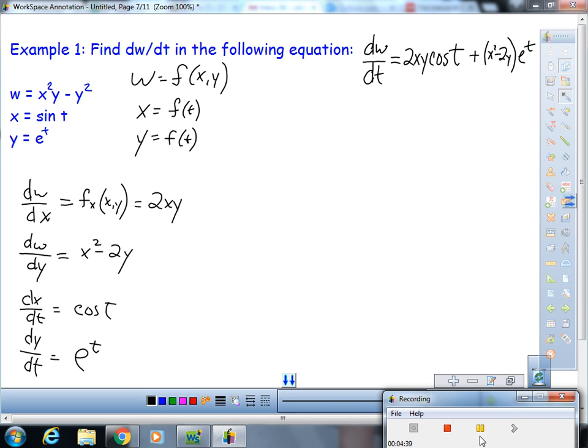Okay, but we're not done yet, because we don't want x's and y's if we're talking about our change in W with respect to t. But luckily, x is a function of t and y is a function of t.